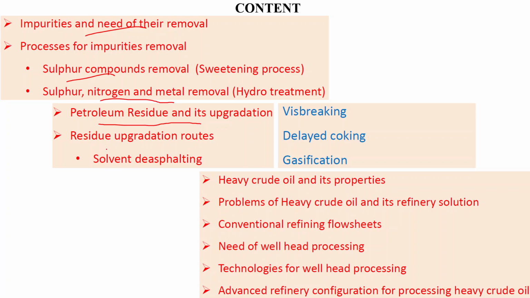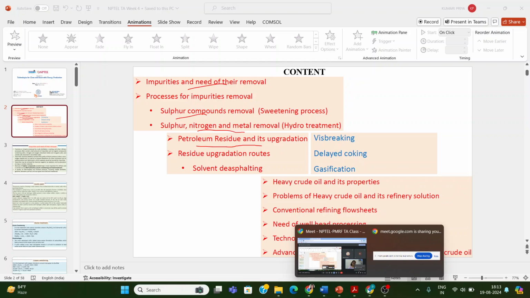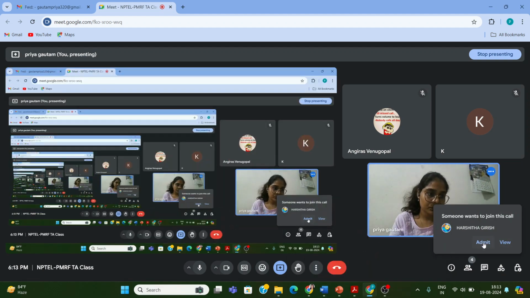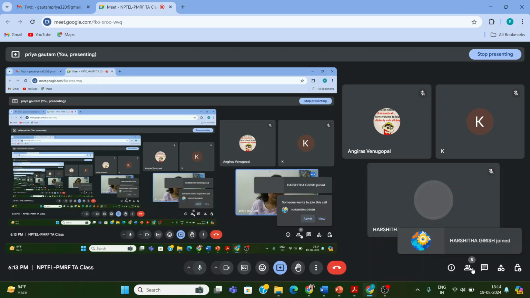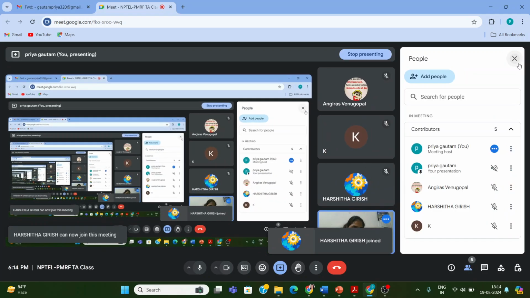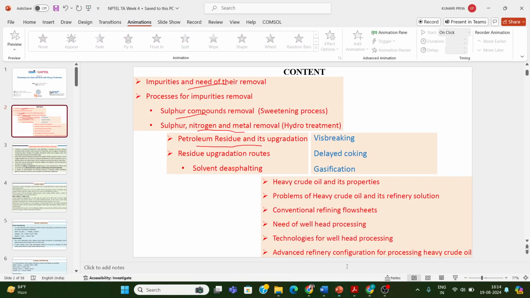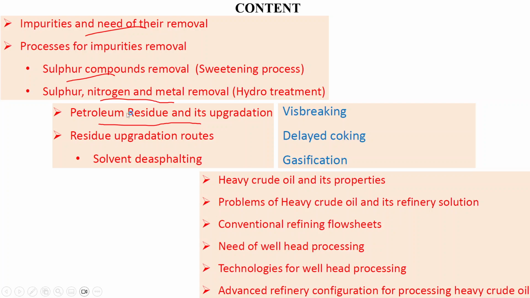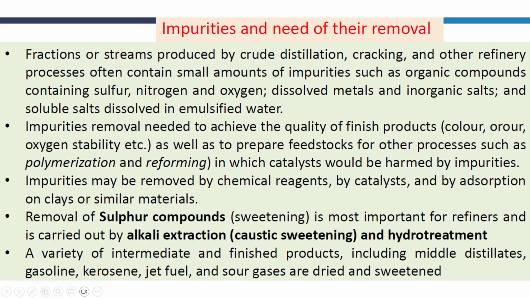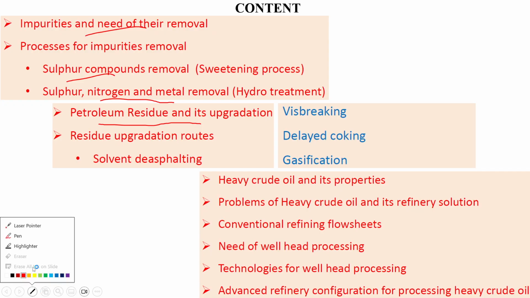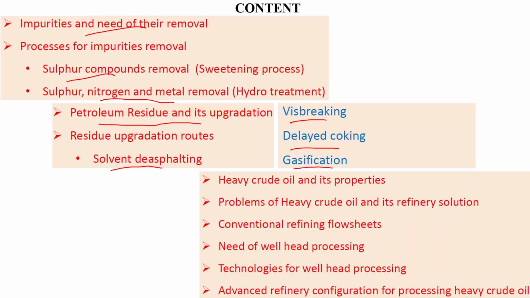Then various residue upgradation routes, such as solvent deasphalting, how to remove the asphalt that is present in the crude oil. Then visbreaking, delayed coking, gasification methods.